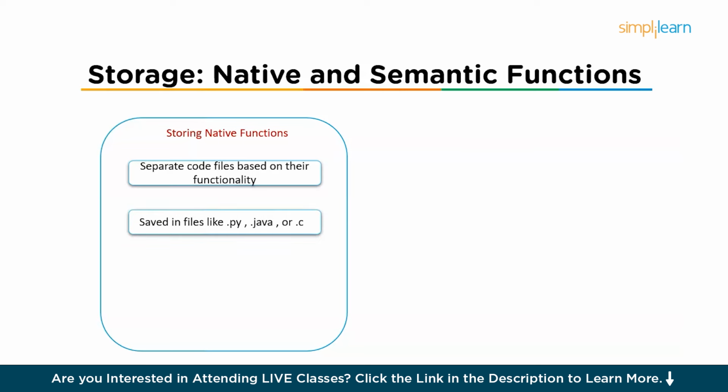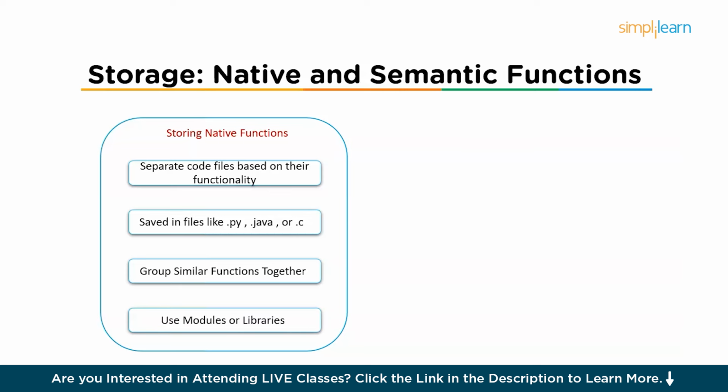They are saved in files like .py, that is for Python, .java, that is a Java file, or .c file, that is a C file. Grouping similar functions together, that is, store related functions in separate files. Then use modules or libraries, like in Python, storing functions in .py files and importing them when needed.